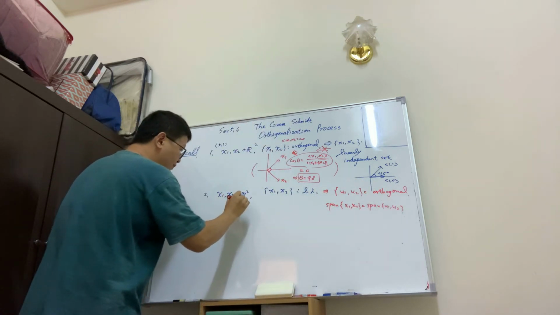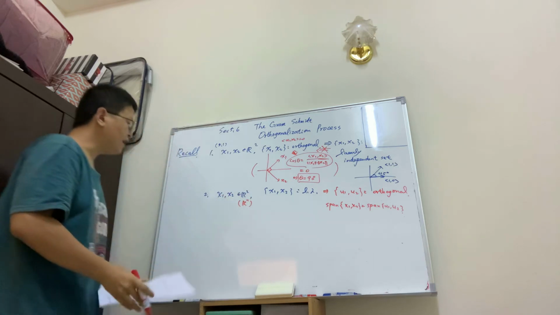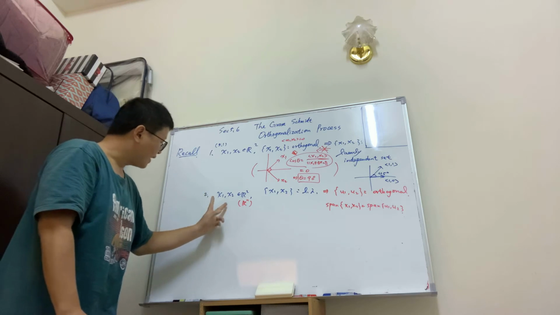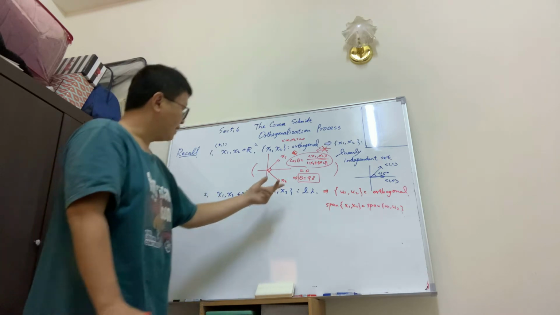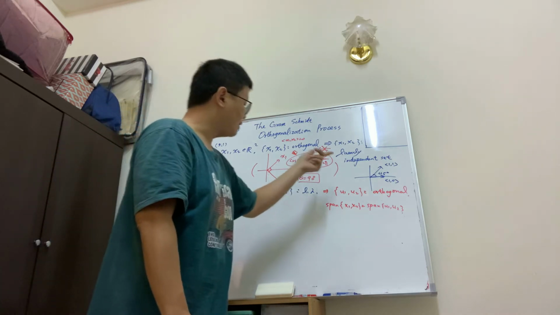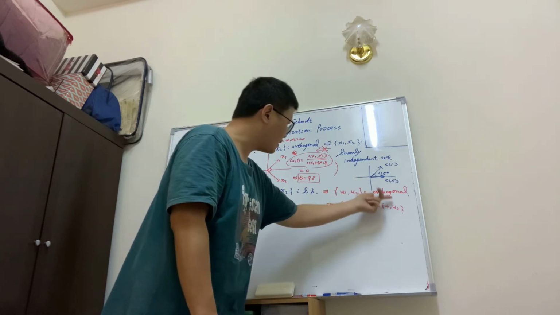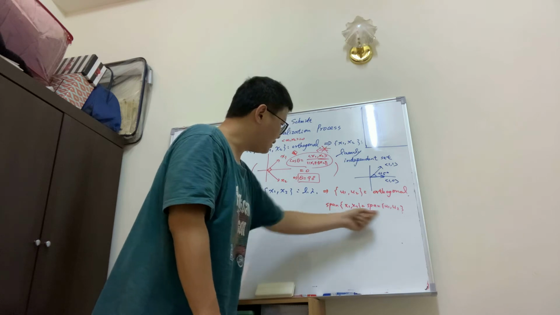Even in Rn space this is true: x1 and x2 are vectors in Rn and linearly independent, and we want to find u1, u2, two vectors in Rn, that are orthogonal and have the same spanning set.